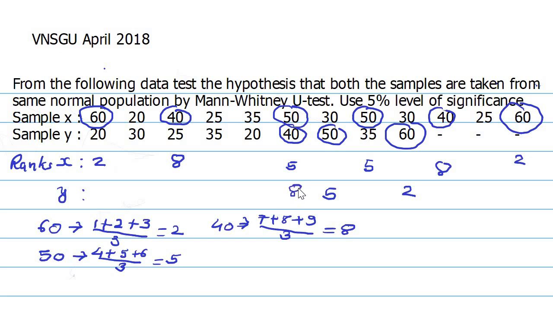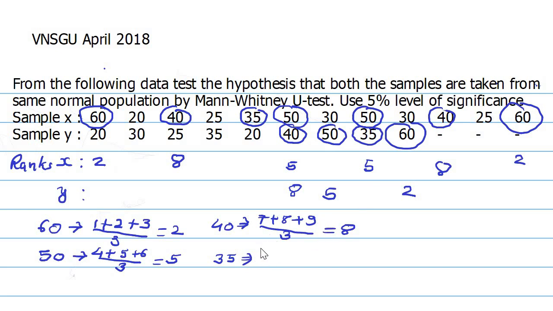Okay, the next largest observation is 35. Now you can see how many times 35 appears. So here 35, then here 35. So 35 is appearing twice in the data.